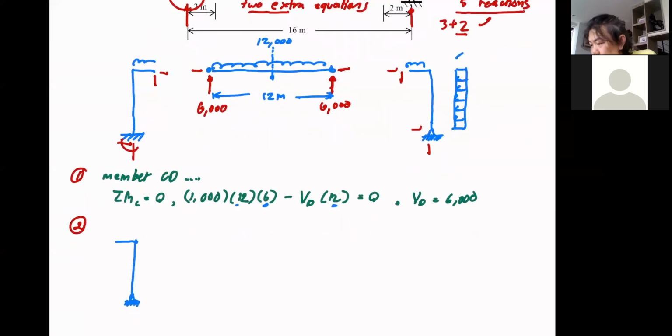Now you know that if this is a 6,000 upward, you have 6,000 downward here, right? The total load here, how much? It's like 2 meters long, so that's 2,000. Okay, and you also have this.